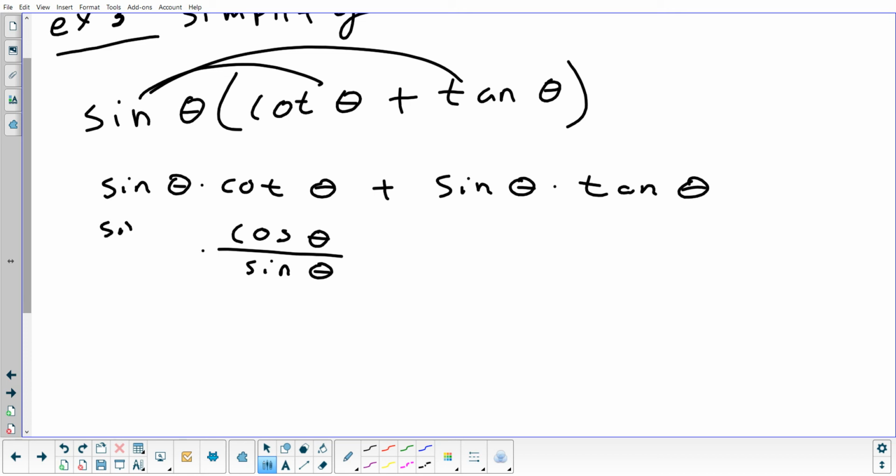So let's make this sine over 1 plus, I'm going to do the same thing here. Let's make this sine over 1. And what is tangent? Yep, sorry. Sine over cosine.